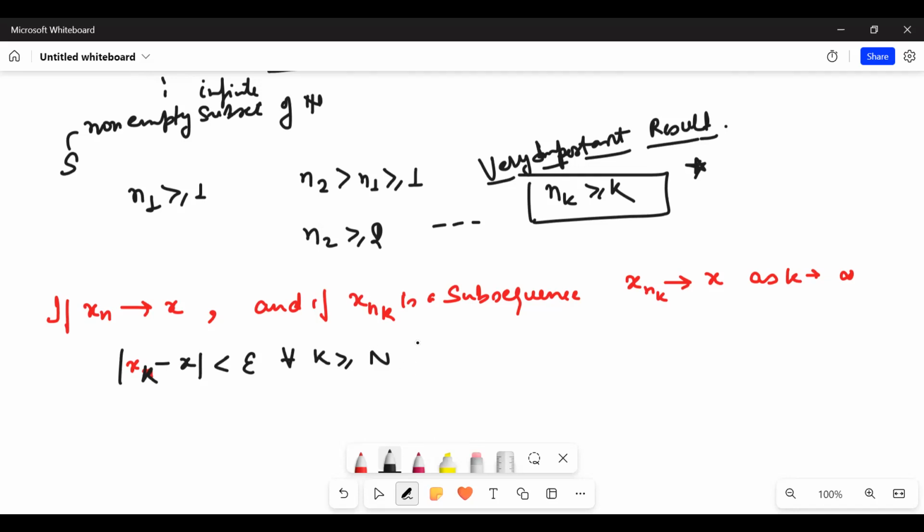Okay, I already know what the subsequence is. The subsequence contains these labels, which are nothing but the restriction to the set of natural numbers.